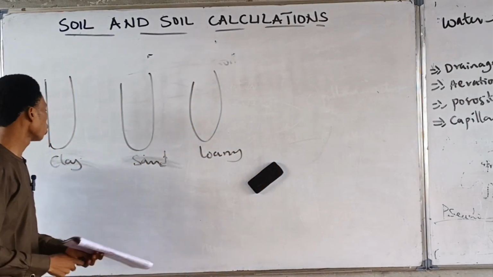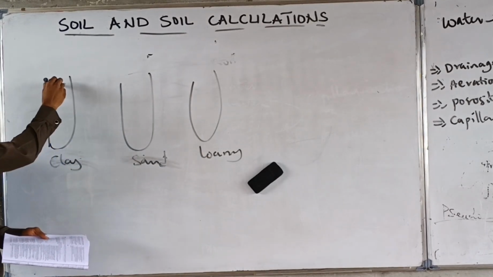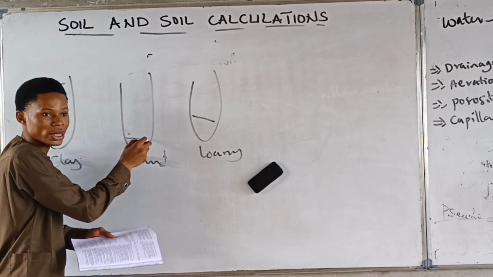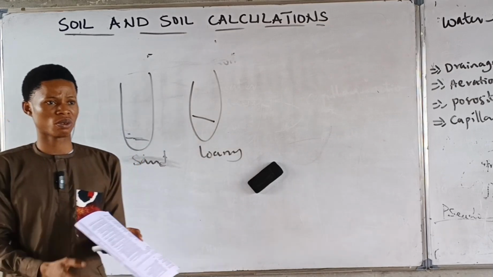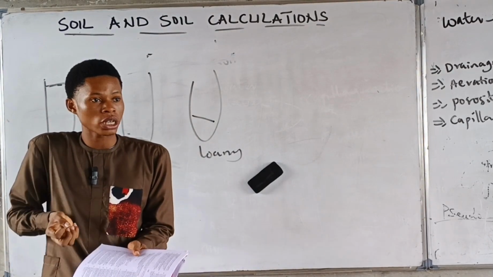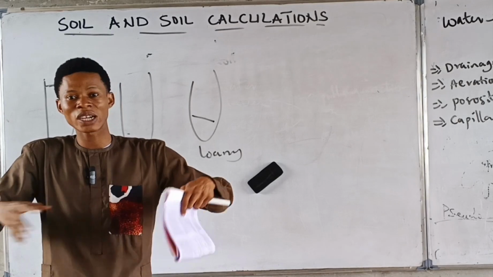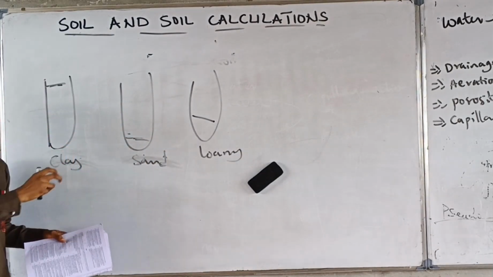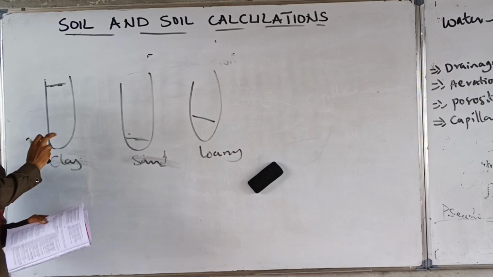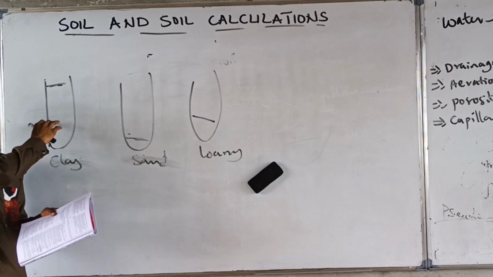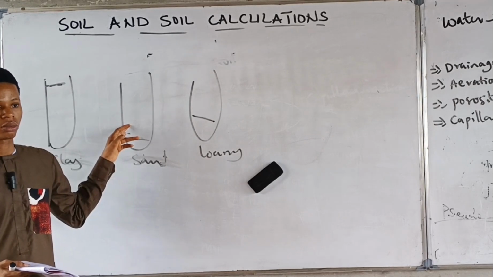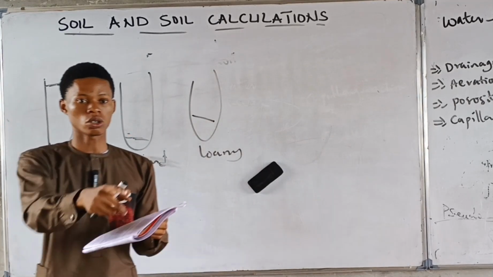So clay soil is high, next to it is loamy, and sandy soil has the lowest, because the capillary action is very low in sandy soil since it's very porous. It cannot hold water for a long time. But clay soil can hold water for a long time, so the capillary action here will be high. So the level will be highest in this and lowest in sandy soil. Do you get that? All right. Your question.